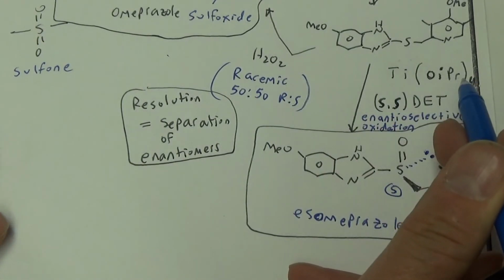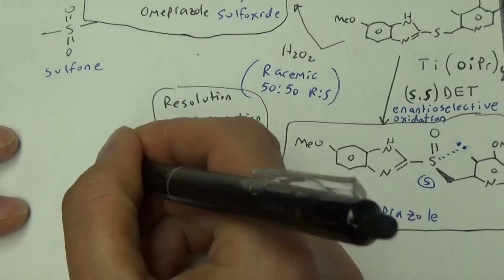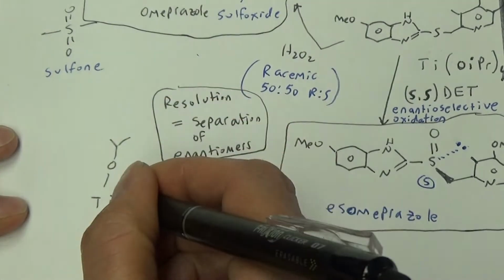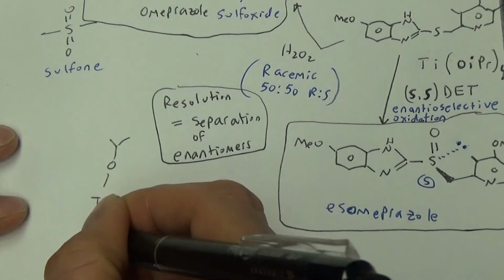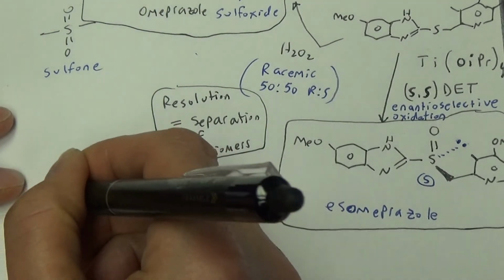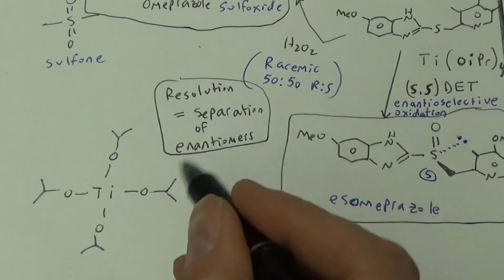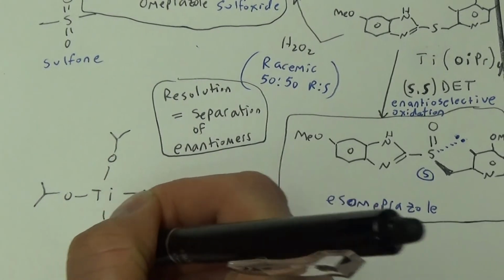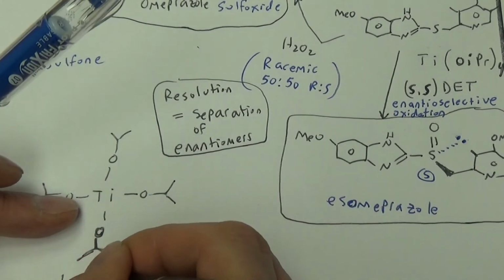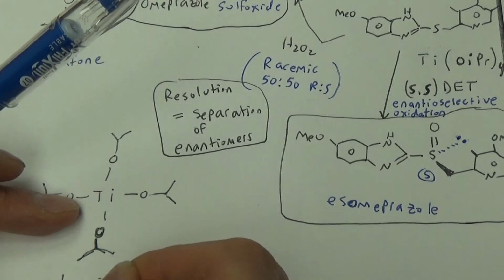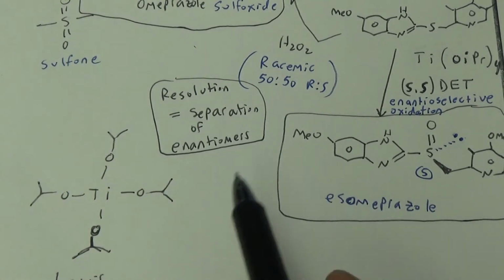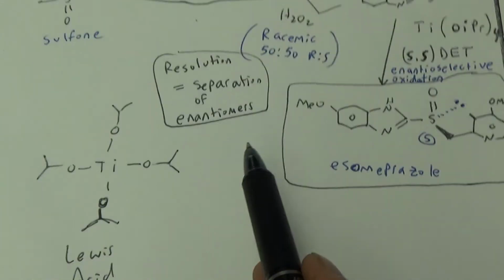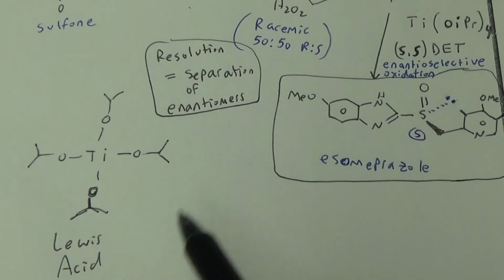Titanium tetraisopropoxide. It's just titanium with O, O, O, O. And it's just like a Lewis acid. Titanium is a Lewis acid. Okay, then the fun is really the DET, because that's the chiral reagent.